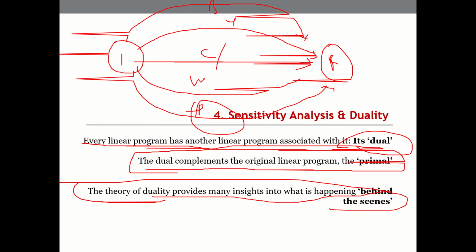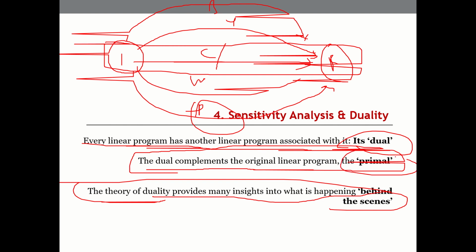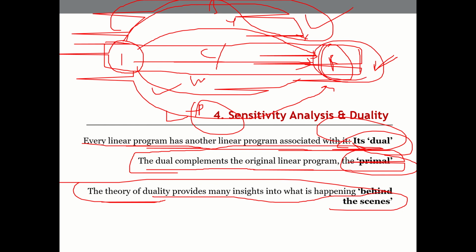So even though this is the primal, or the primary route, the primary decisions that we have, there are other ways. These are called duality. There are other ways in which the same result can be achieved.